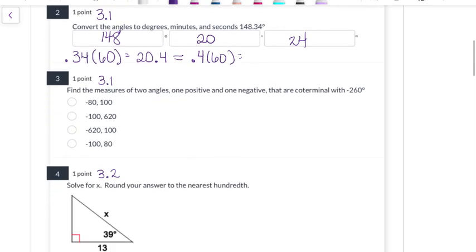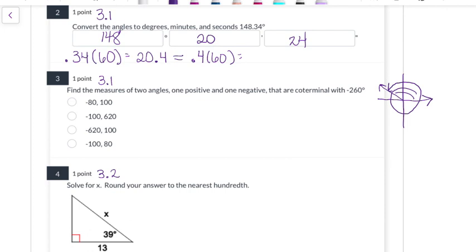Coterminal angles are angles that are on a graph. Let's try that again. So if I have this angle, it's whatever that measurement is, but I could also go around the circle a whole time plus some, and notice I'm still at the same start and ending point, so those are coterminal.